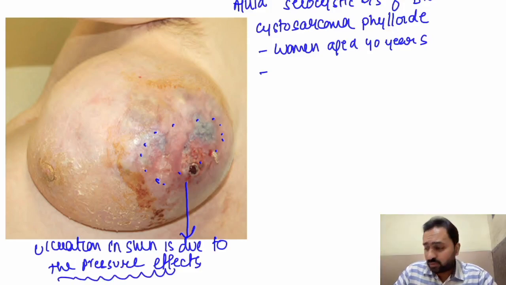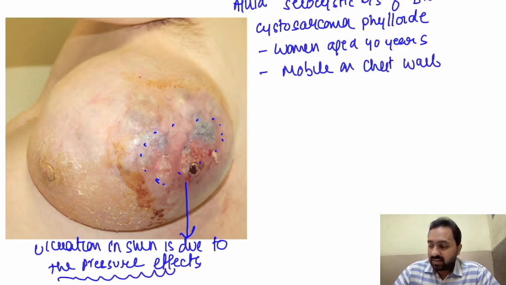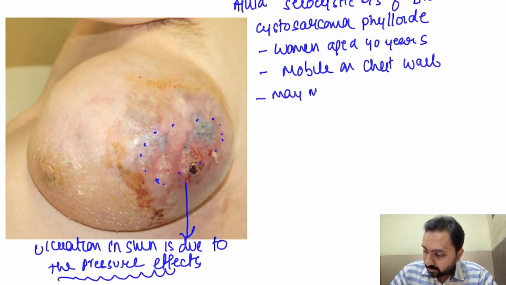Now these tumors are usually mobile on chest wall, right? They may metastasize via bloodstream.